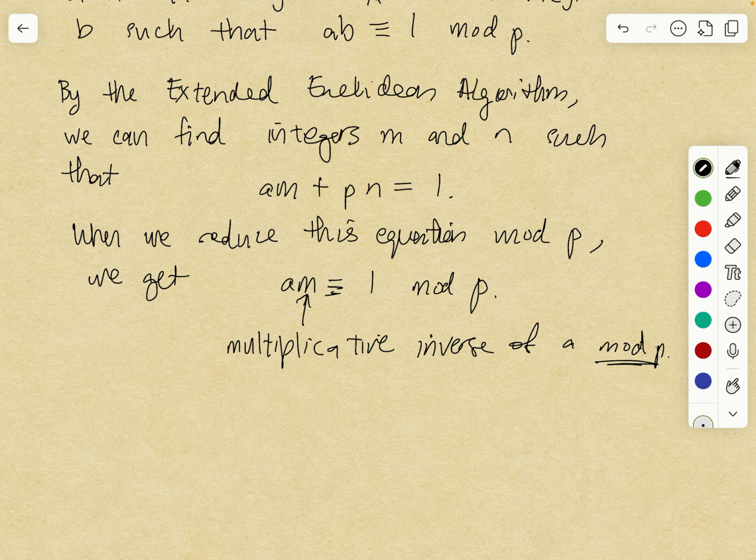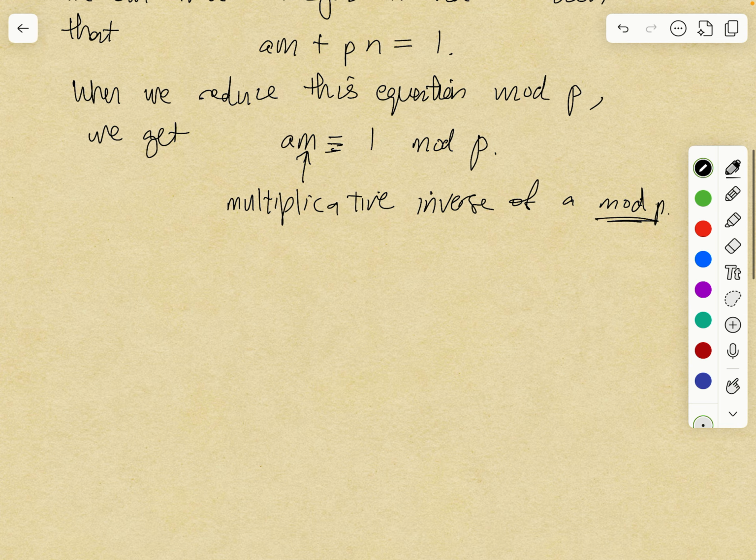The multiplication in mod p is related to the multiplication of real numbers, but it's a different thing. When we talk about inverses, we mean with respect to the mod p multiplication, so we get 1 when we do the mod p multiplication. So when we're talking about the multiplicative inverse of a in mod p arithmetic, we mean not that a times m is 1, it's that a times m is congruent to 1 mod p.